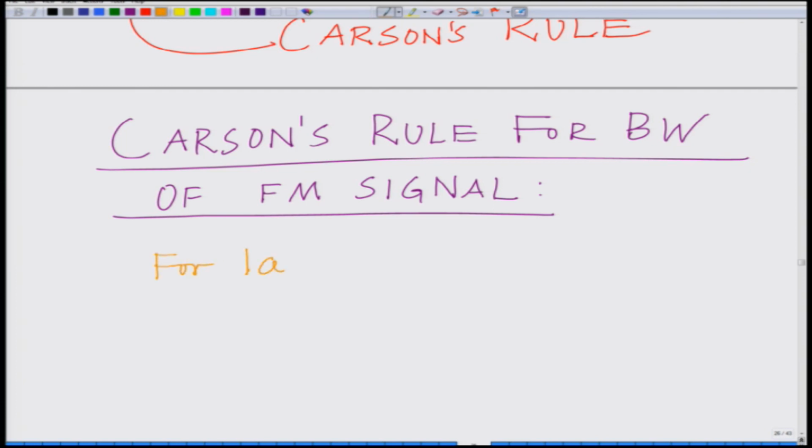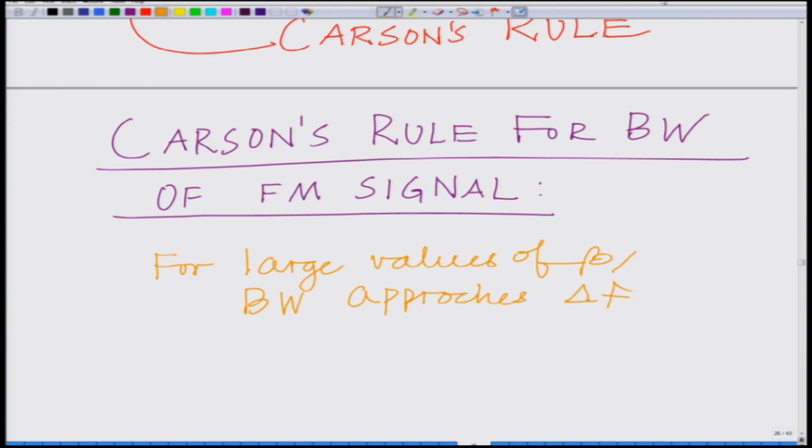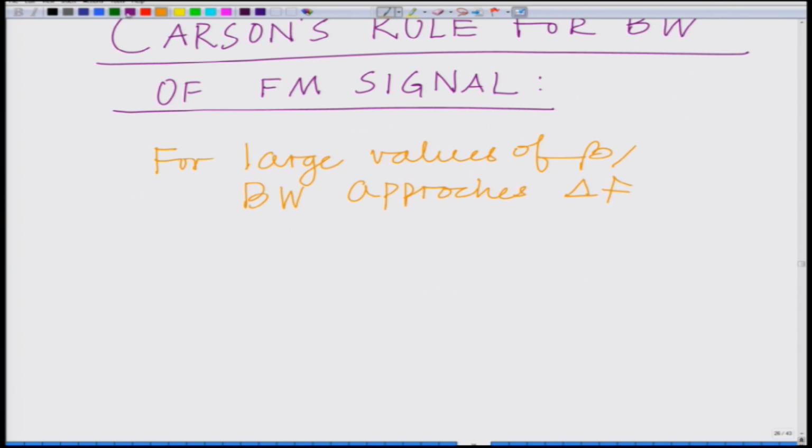if you look at large values of the modulation index beta, for large values of beta, the bandwidth approaches delta f, where delta f, remember, is the peak frequency deviation.